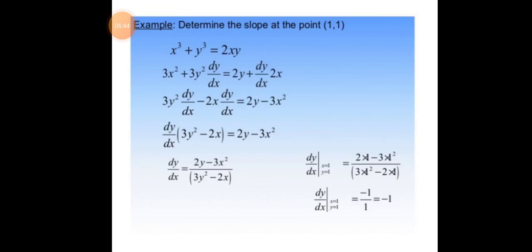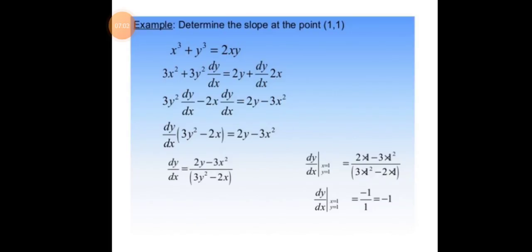Then, example: determine the slope at the point. How to get the slope at the point? So, the example point is 1 and 1. X cubed plus y cubed equals 2xy.